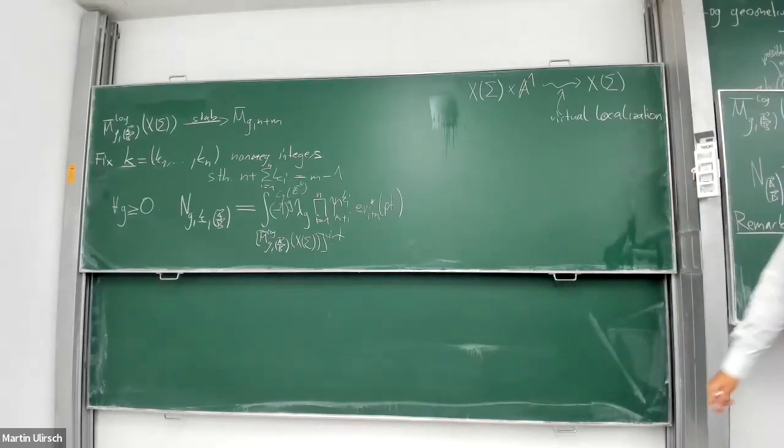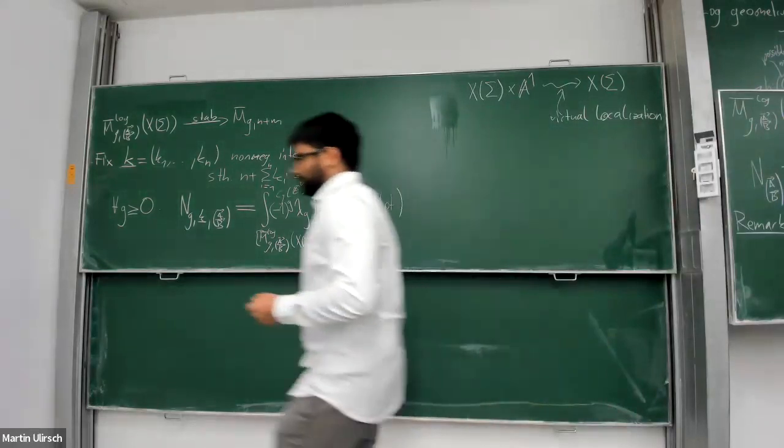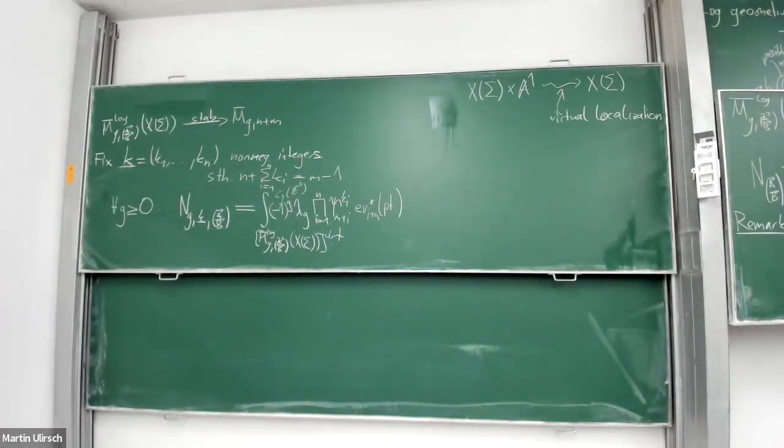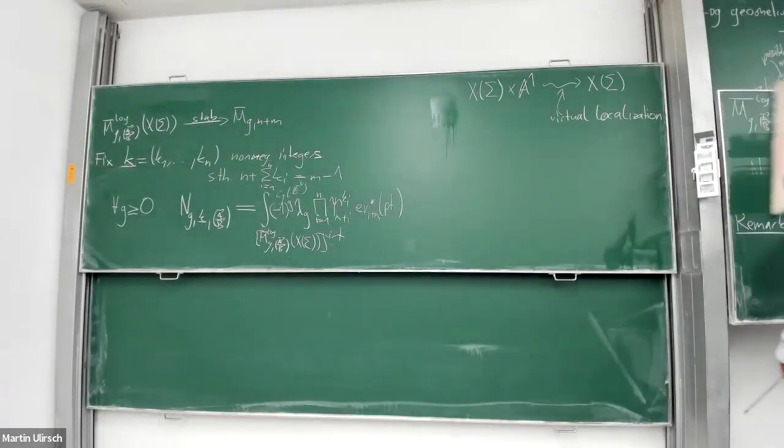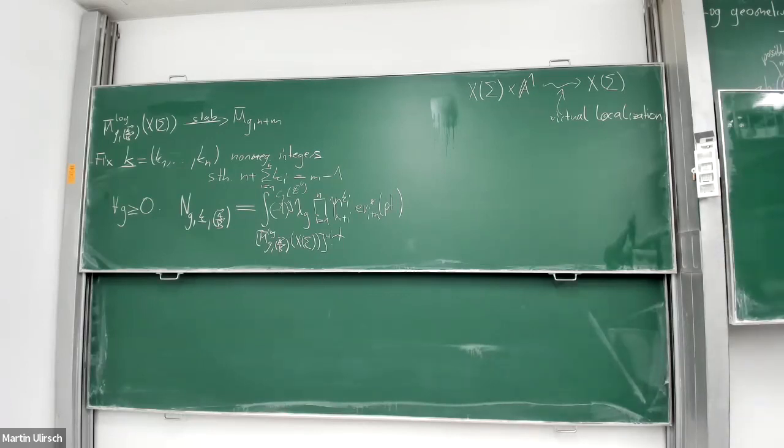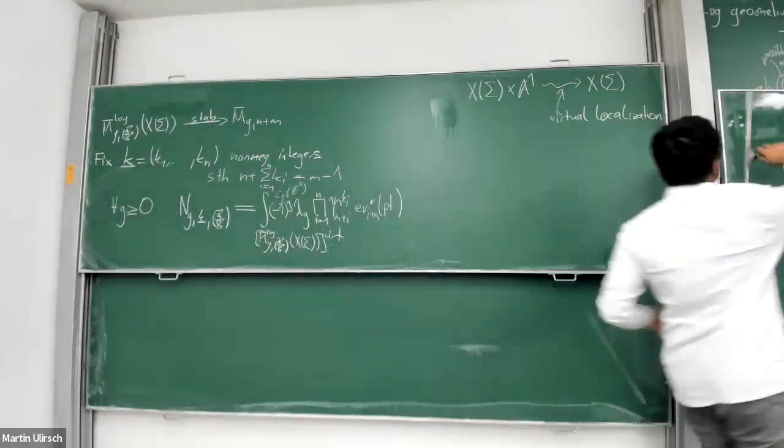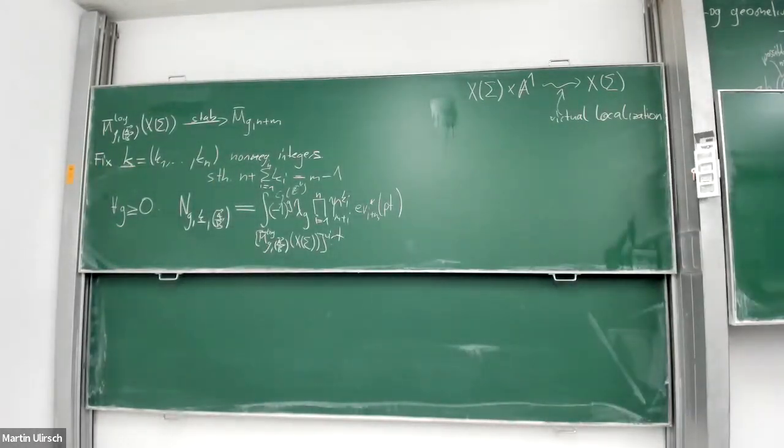Questions? Are you pointing this out because you're going to form the toric variety then, right?